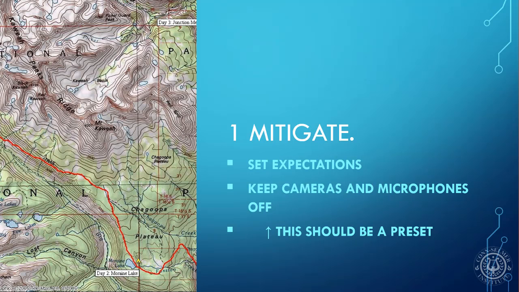Level 1 is to mitigate, and that means you're going to set expectations for what the attendees can expect in the session. By letting them know what to expect and when to comment and how to behave, you're actually going to mitigate a lot of the risk that might be involved in any sort of online live presentation.